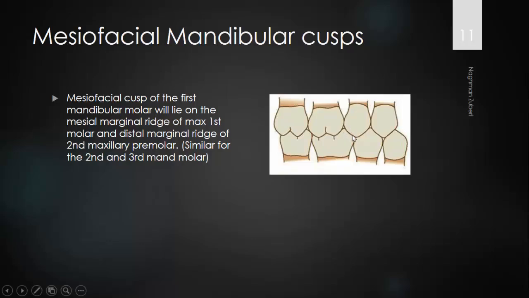It is in relationship to the mesial marginal ridge of the first permanent molar and the distal marginal ridge of the second premolar. Similarly, we can see the mesiofacial cusp of the second mandibular molar. It is in relationship with the mesial marginal ridge of the second molar and the distal marginal ridge of the first permanent molar.